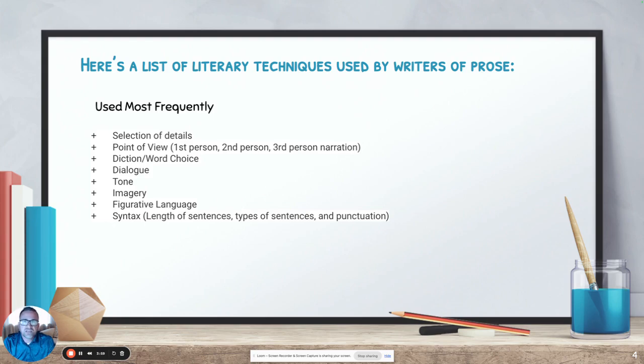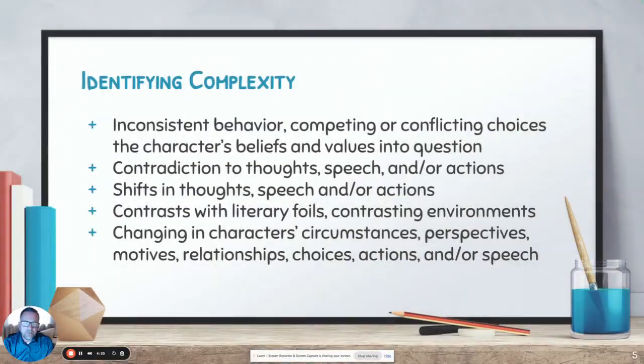They're going to use things like selection of details, point of view (first person, second person, third person), diction or word choice, dialogue, tone, imagery, figurative language, and also sentence types, the length of sentences, sometimes the punctuation. These are techniques that you want to look for in writers of prose. There may be some others, but these are the predominant ones.